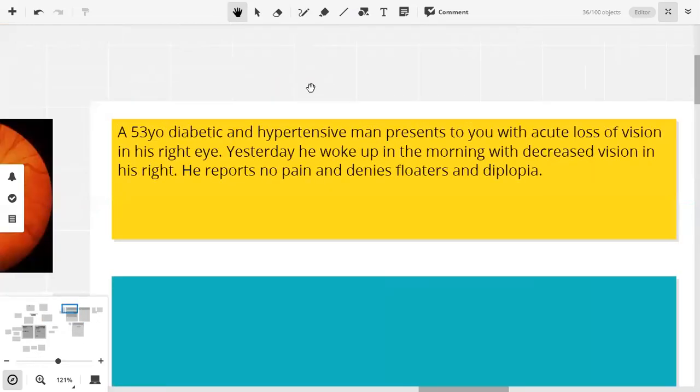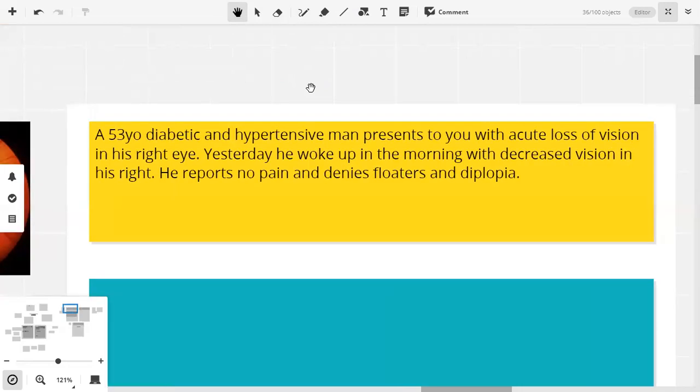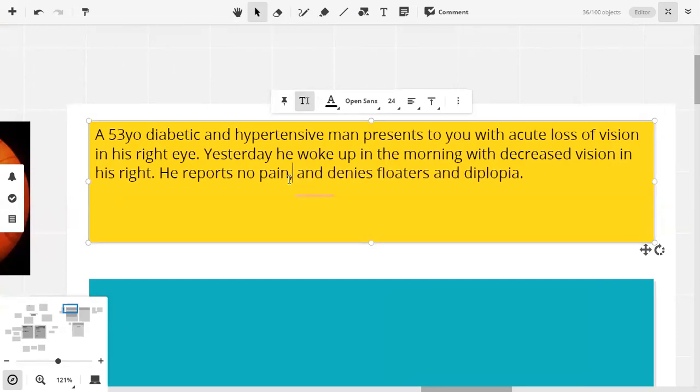Take a look at the history. So what's important in this history? Let's go step by step. The first thing which is important is the age of the patient. What is the age of the patient?